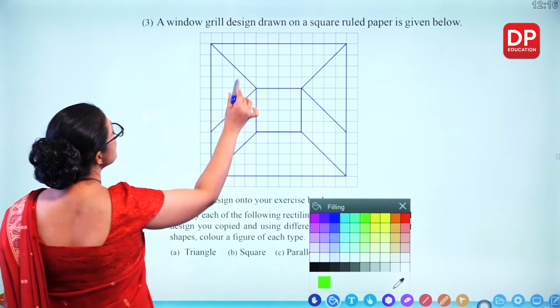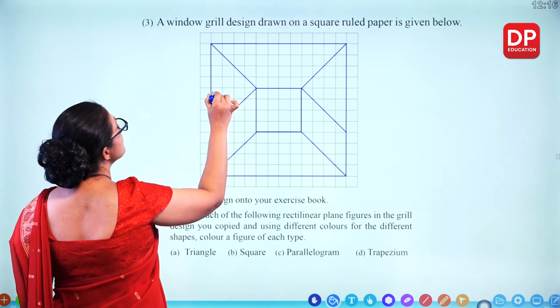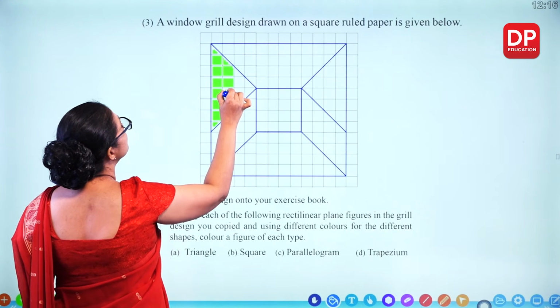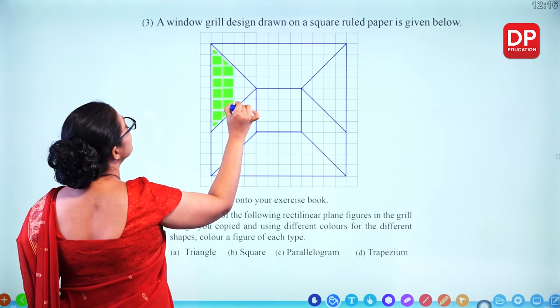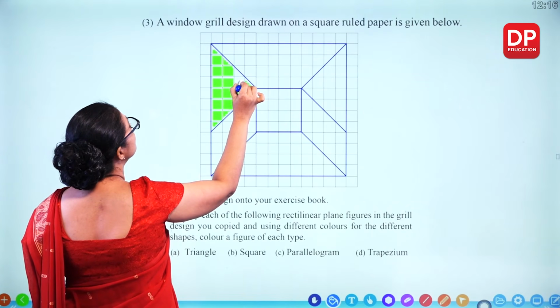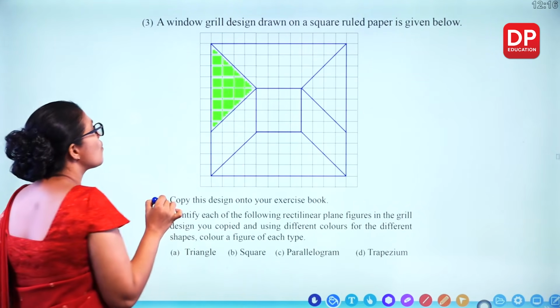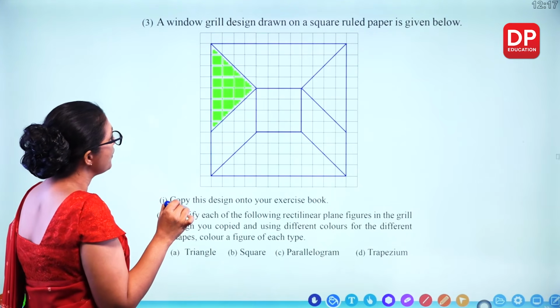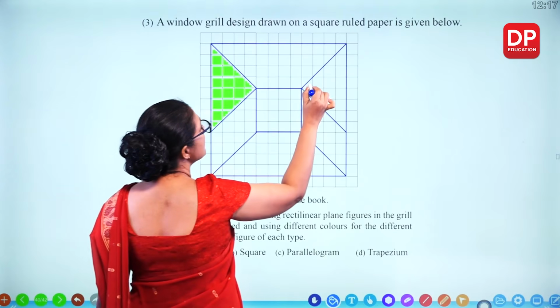So this is one triangle. So that's one triangle. Another one here.